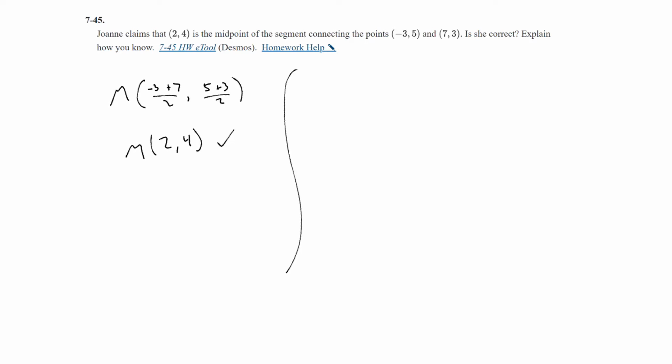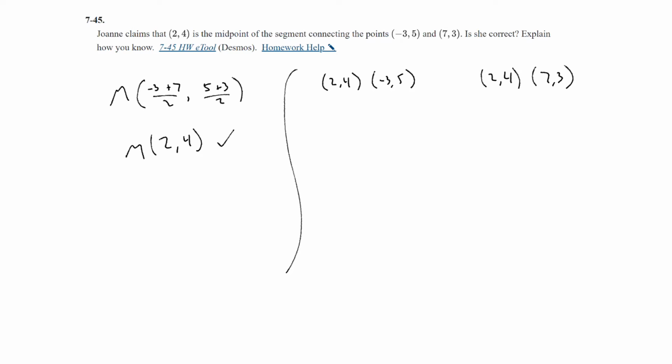If you're not aware of that, then what you would probably have to do is show that the distance between the point (2, 4) and (-3, 5) would be the same as the distance between the point (2, 4) and the point (7, 3).